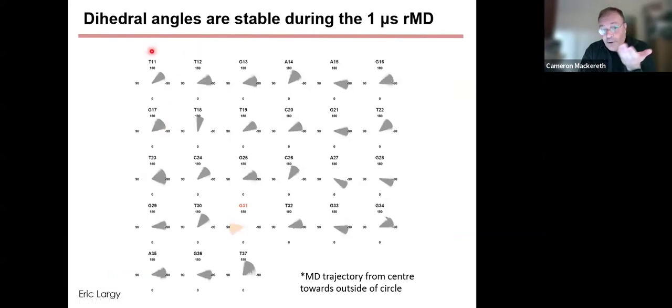So if we look, for example, at the dihedral angles, it's an easy way to look at some properties during the microsecond simulation. We can see for these dihedrals, the beginning of the trajectory is in the center and the end is at the edge of the circle. And so you can see that they sample not too large variations in the chi-1 angles.